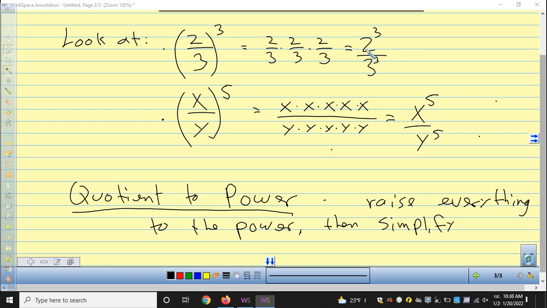So, for example, here, 2 to the third over 3 to the third. 2 to the third is 2 times 2 is 4, times 2 is 8. 3 to the third, 3 times 3 is 9, times 3 is 27. So we'd write this as 8 27ths. X to the fifth over y to the fifth, we can't really do anything else with that.